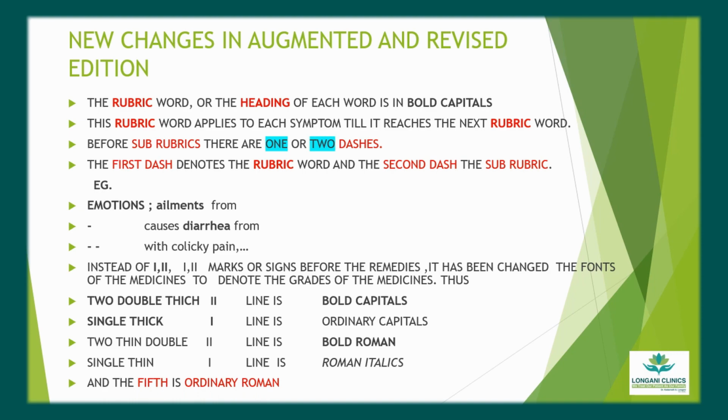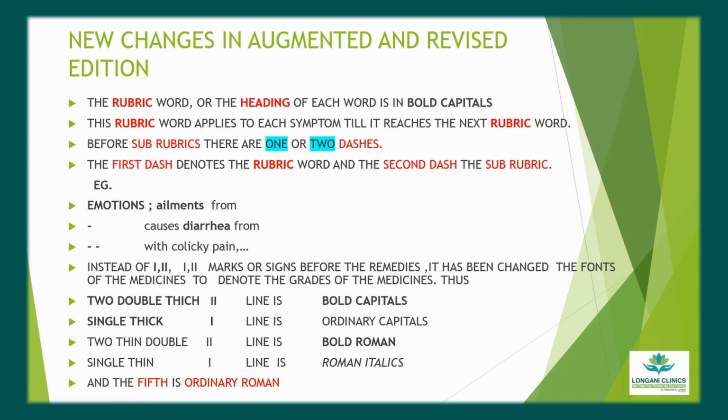Then, instead of single thick line, double thick line, single light line, double light line, these marks or signs before remedies, the fonts of the medicines have been changed to denote the grades of the medicines.